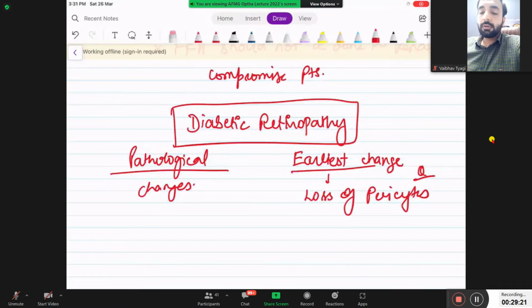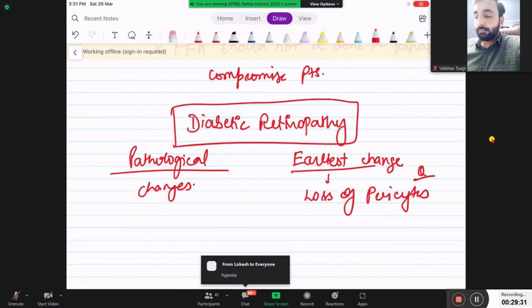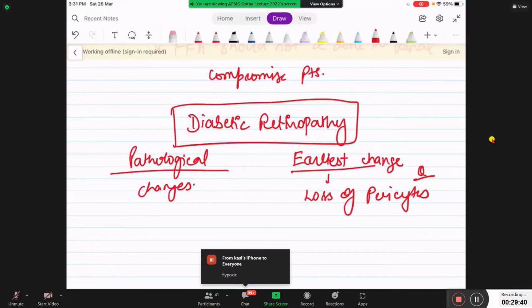So what will happen if there is leakage? The patient will have decreased oxygen, right? What is that called? If there is leakage from the capillaries because of loss of pericytes, the patient will have hypoxia, right? Correct. The patient will become hypoxic.